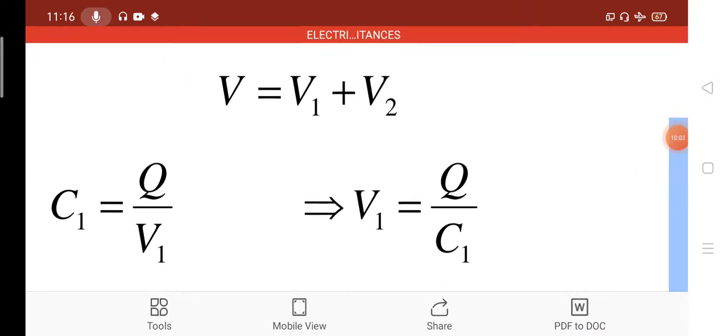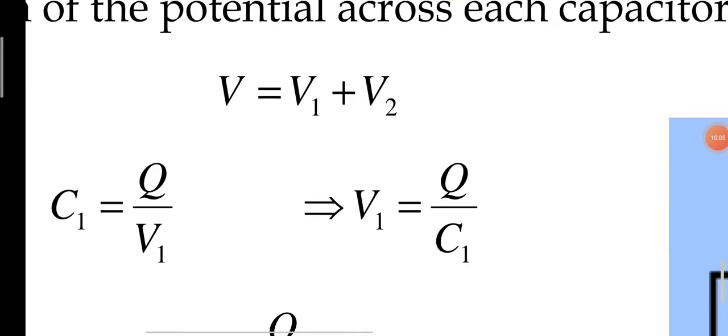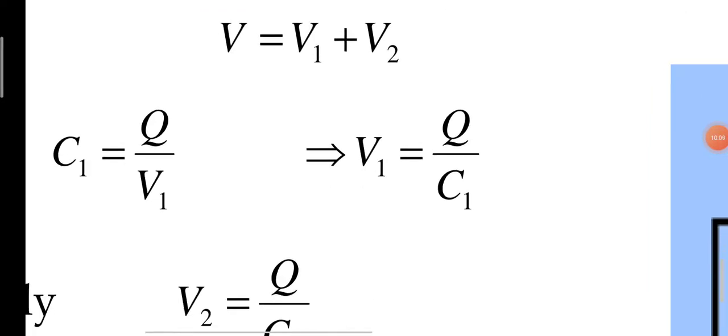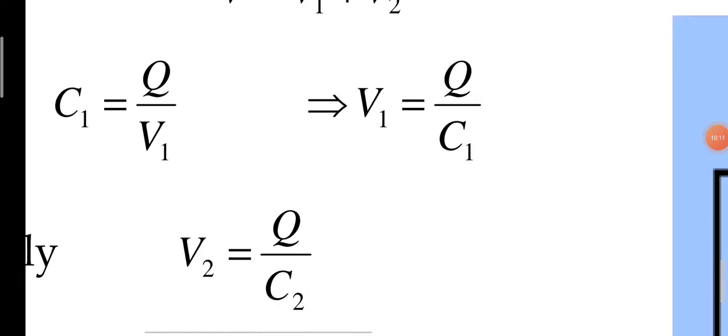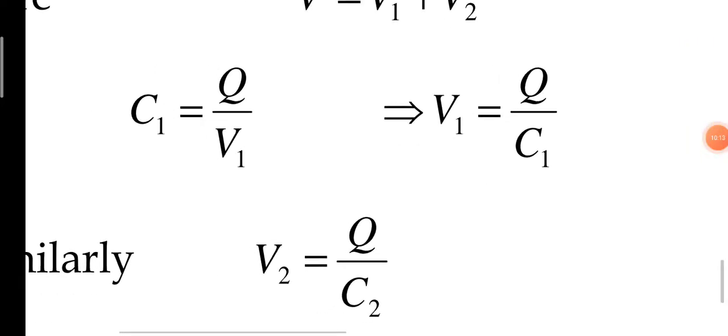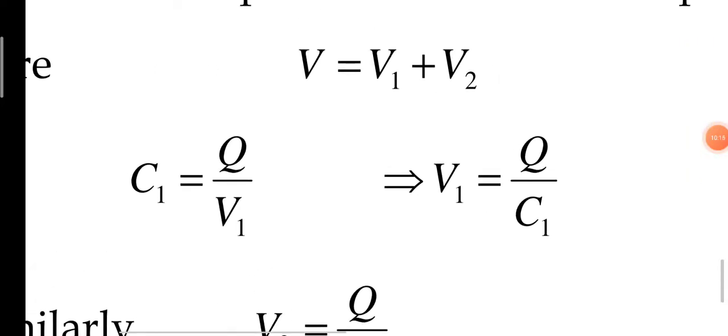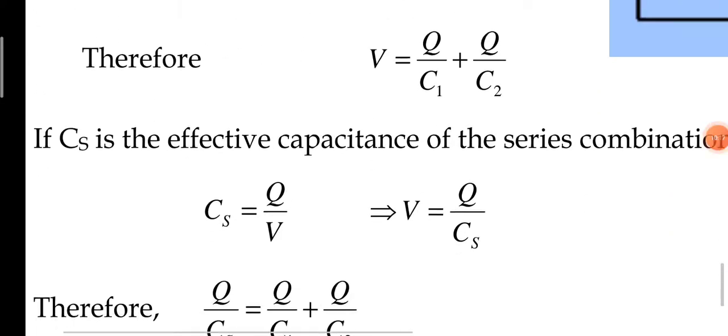From the definition, C1 equals Q by V1, so V1 equals Q by C1, and V2 equals Q by C2, because Q is constant in series combination.